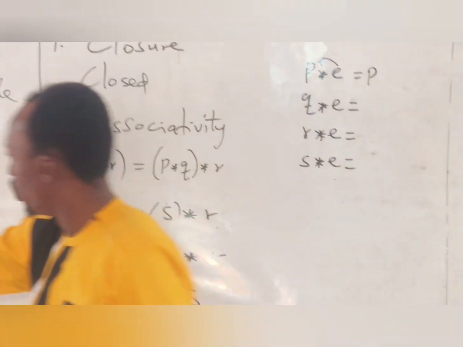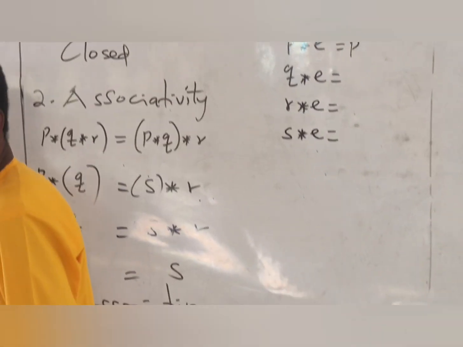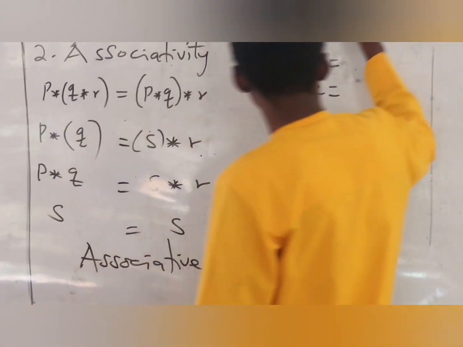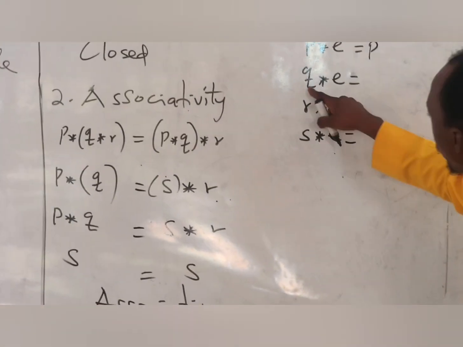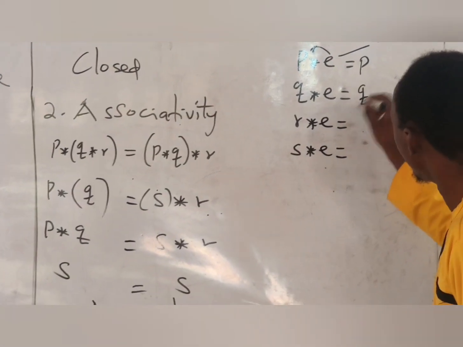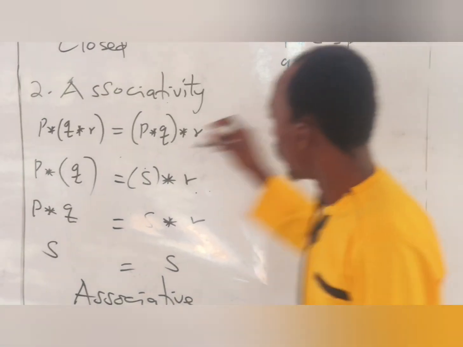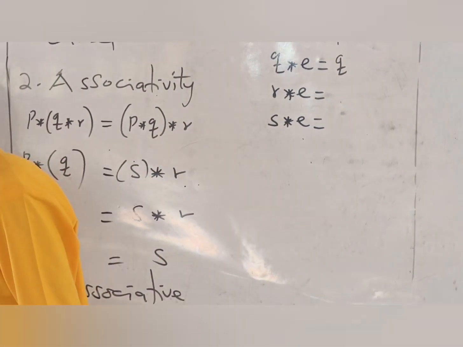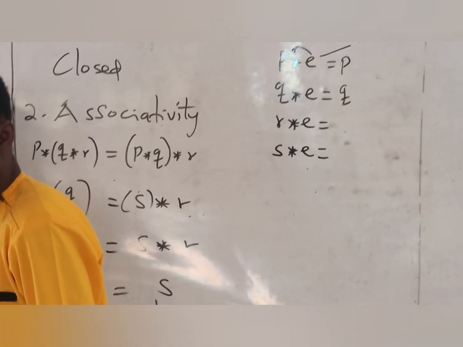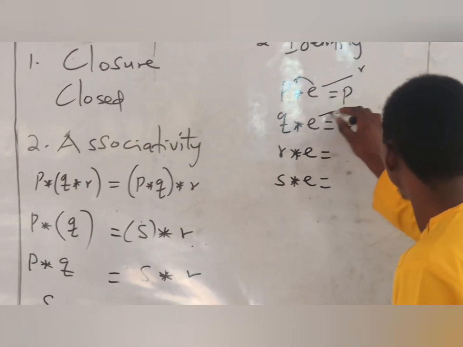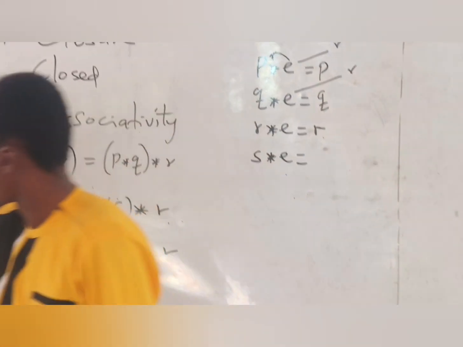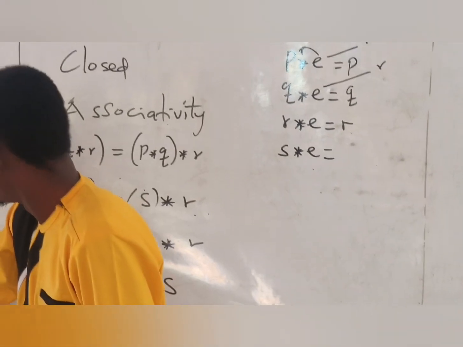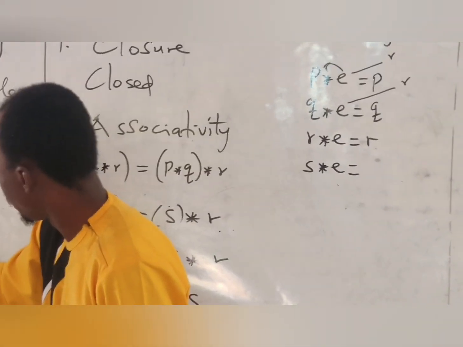P operation R gave us P. Let's see again. Q operation R will give us Q. R operation R will give us R.